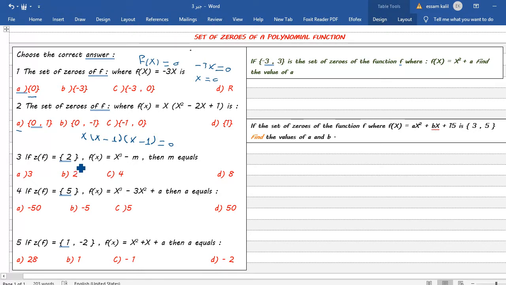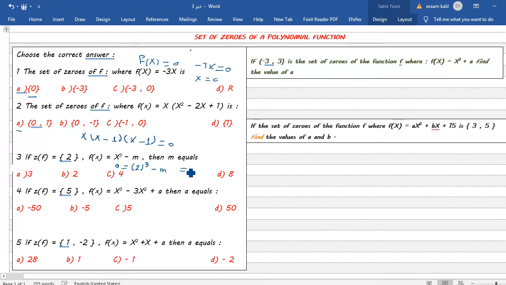Letter 3. If the zero of f equals the set of 2, f of x equals x cubed minus m. Put x equal 2 when f of x equals 0.